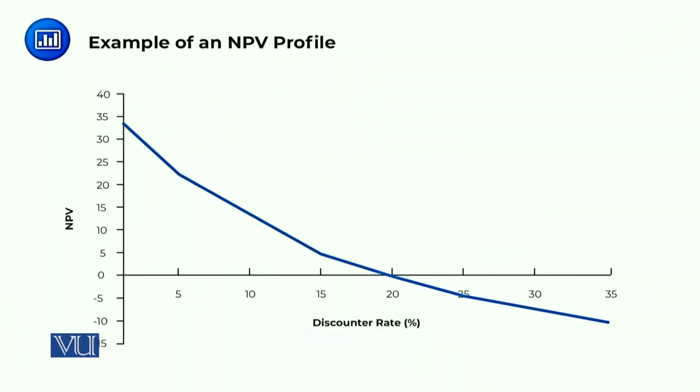When we have a look at this NPV profile, it shows us that on one side, on the x-axis, we have taken the discounting rate, on the y-axis, we have taken the net present value, which is in rupees or dollars.